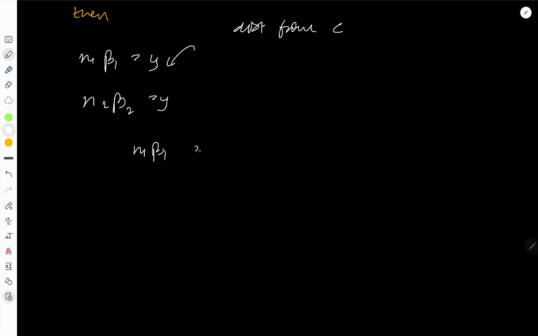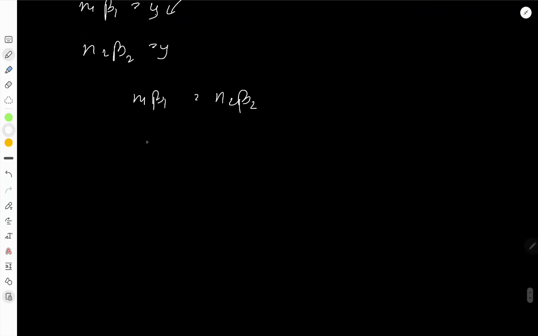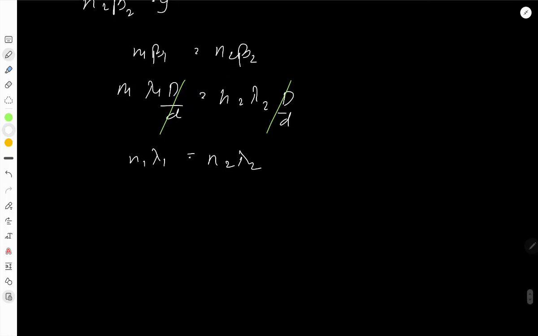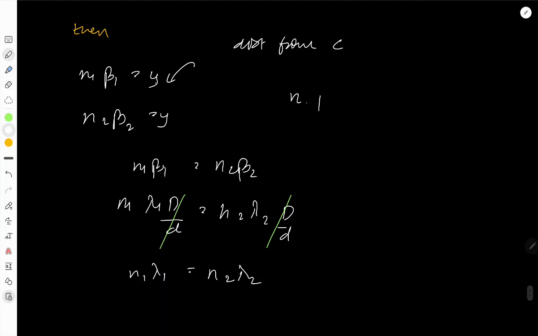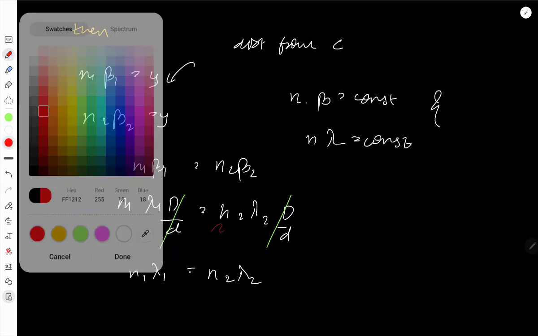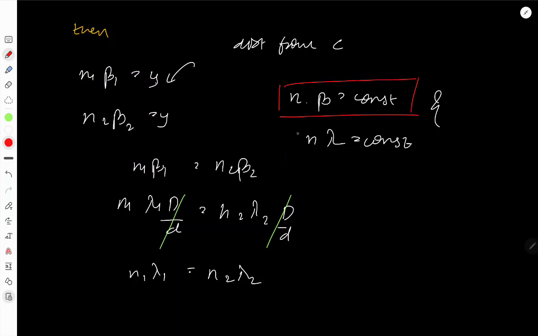So n1 beta 1 equals n2 beta 2, and expanding, n1 lambda 1 D by d equals n2 lambda 2 D by d. This cancels, and n1 lambda 1 equals n2 lambda 2. That means we can say n times beta is constant and n times lambda is constant. These two things are also frequent types of questions.